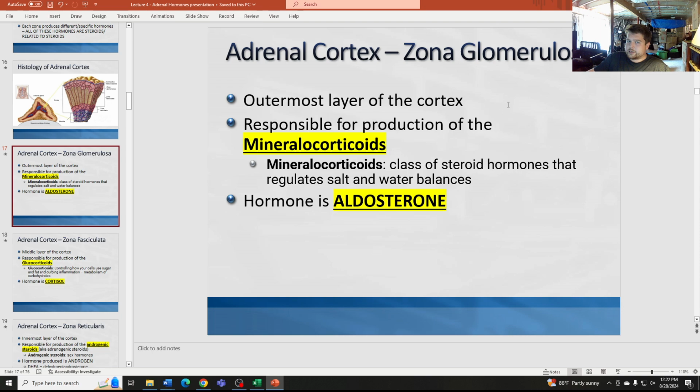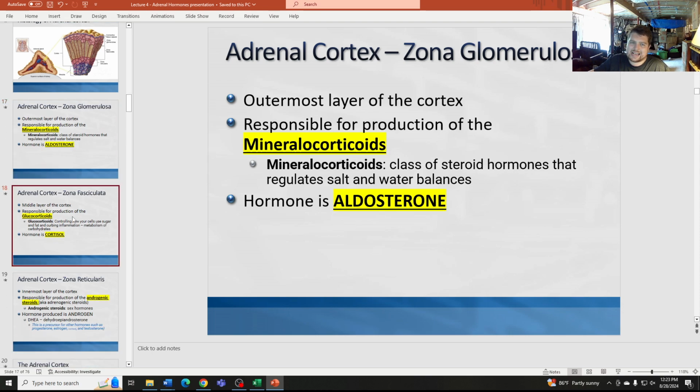Zona glomerulosa, it makes what are called mineralocorticoids. Mineralocorticoids regulate salt and water balance, and the hormone is known as aldosterone. So aldosterone is a mineralocorticoid. The mineralocorticoid that the adrenal gland produces is aldosterone.